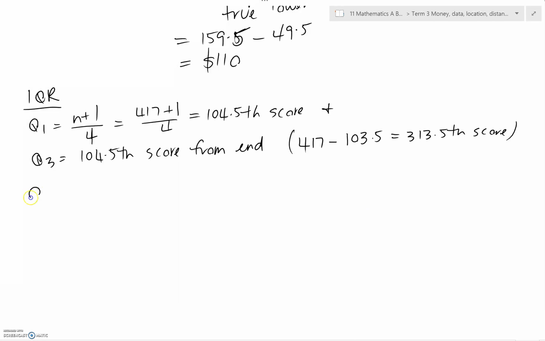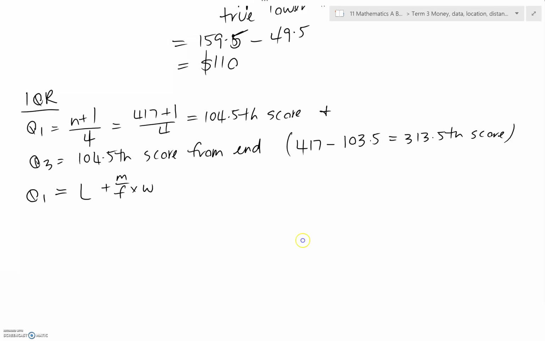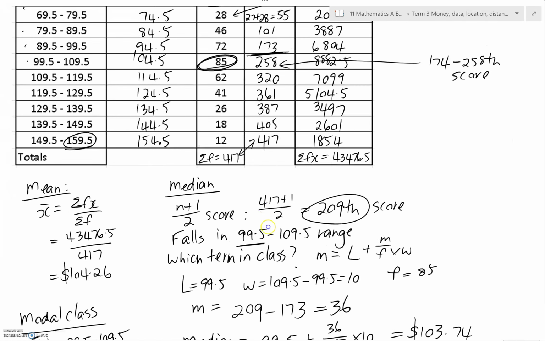So when we're working with group data, remember I gave you a formula before for finding the quartiles, because it's different when we're working with group data. So now the 104.5th score, let's go up and have a look at it.